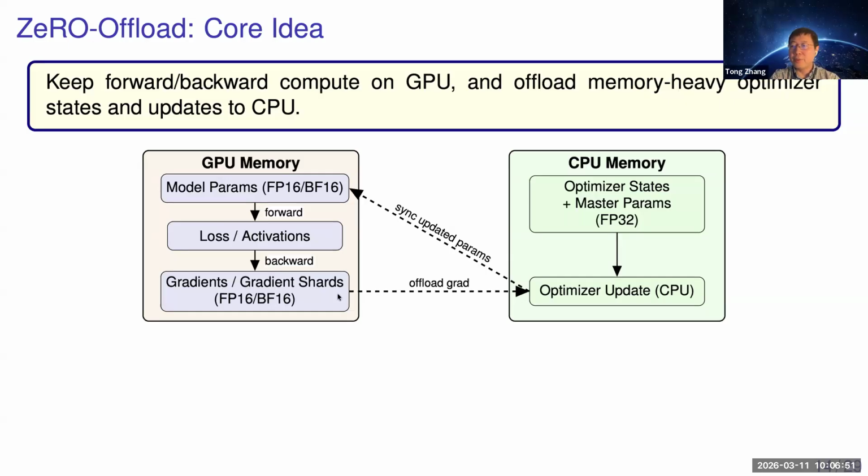Once you do that, you go through these gradients and do the optimizer updates. Here are the optimizer states and also the master parameters. We can use 32 bits, and then you do the CPU updates. After the optimizer updates, you sync back to the model parameters.